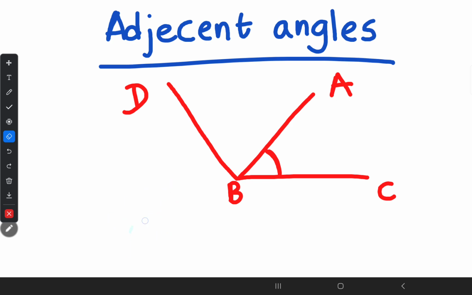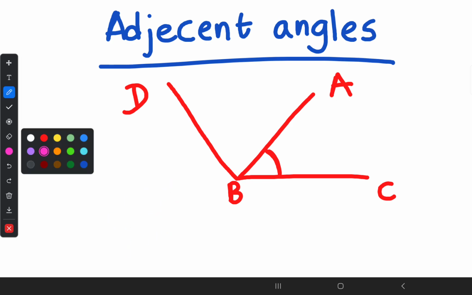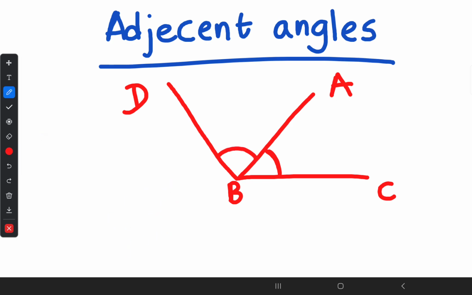Similarly, here also we have two angles. ABC is a separate angle and ABD is also a separate angle. But both of these angles have a common arm.